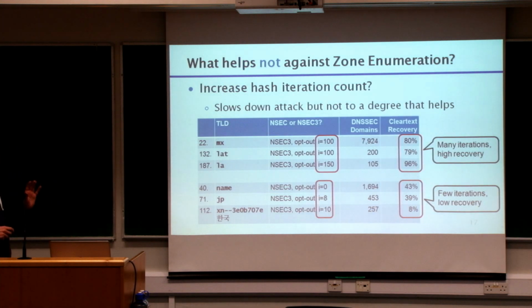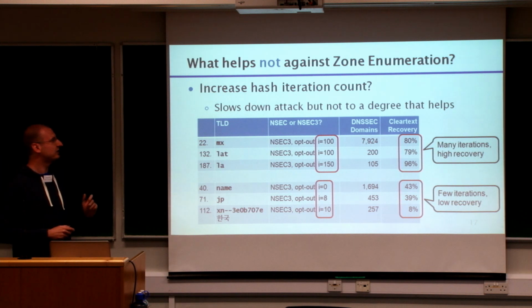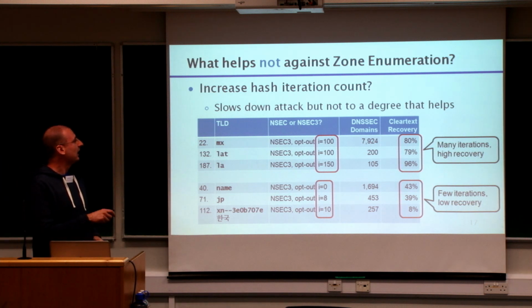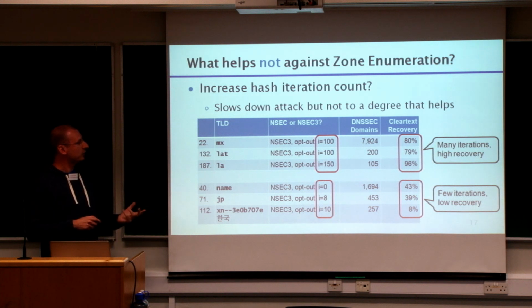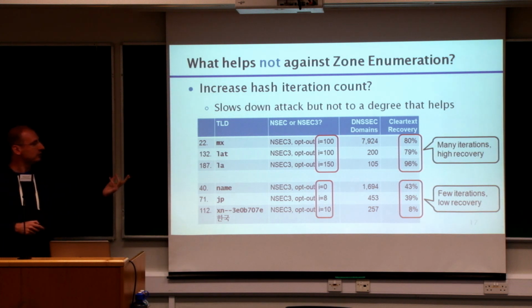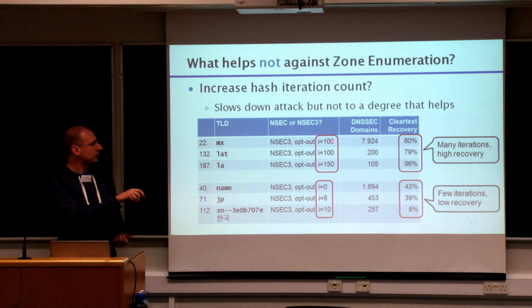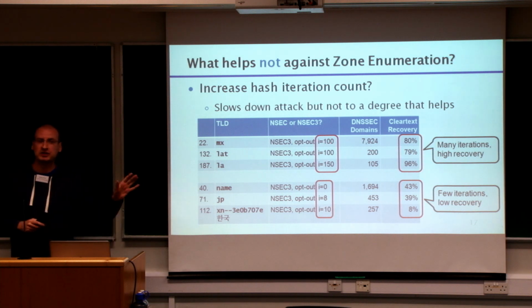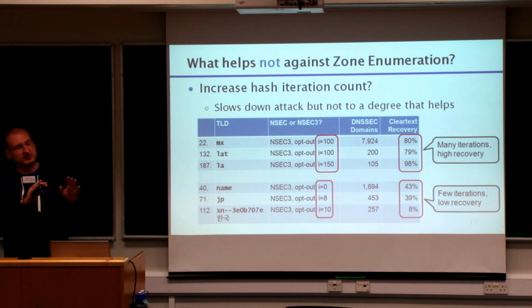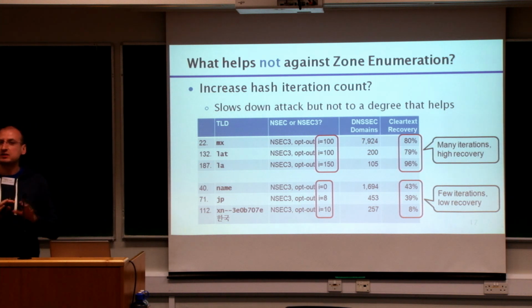What does not help against zone enumeration is actually the mechanism that was supposed to help, which is the hash iteration count. If we take a look at the recovery ratios of a few top-level domains that are using high iteration counts, 100 iterations, 150 iterations. 150 is the maximum for a certain parameter set. So this is specified as the maximum, depending on what parameters you use.